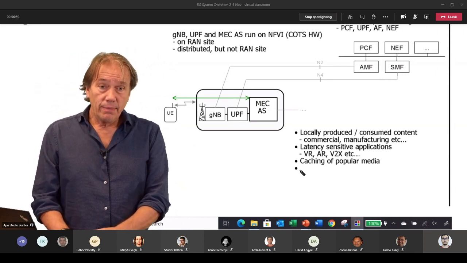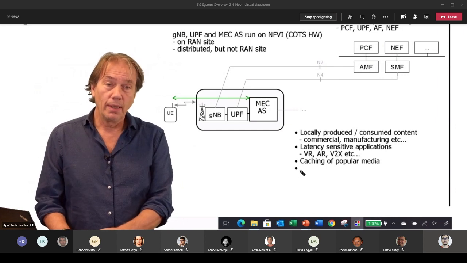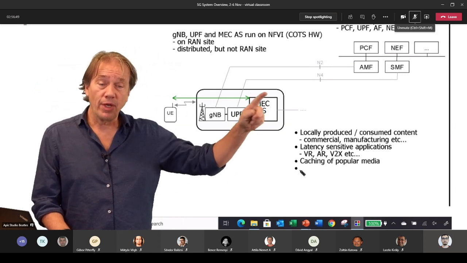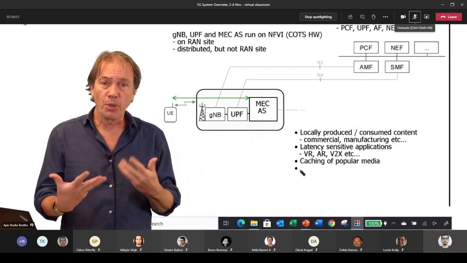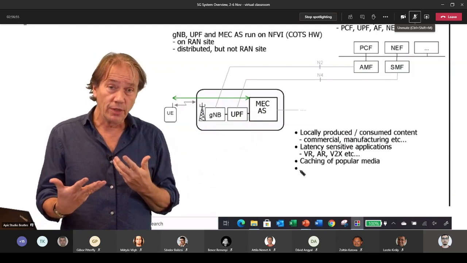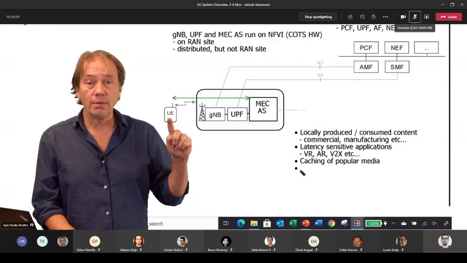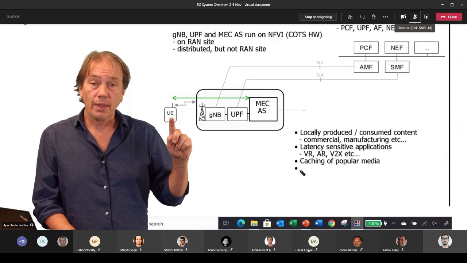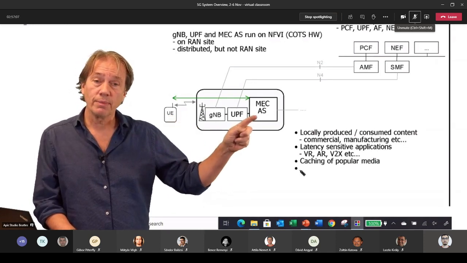And a fourth example could be that maybe the MEC application server does some pre-processing of information. Maybe the UEs are meters or sensors or other kinds of things which will report something.